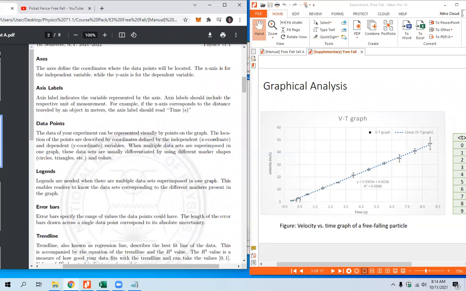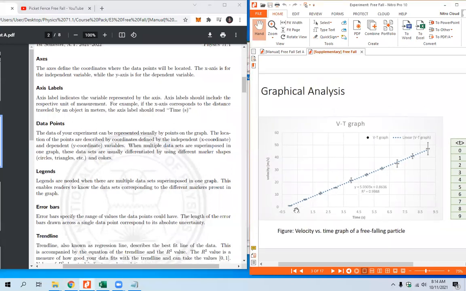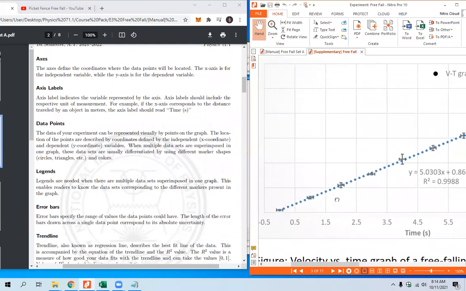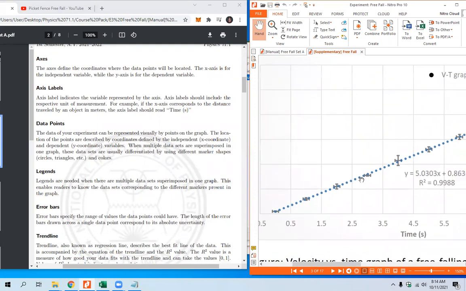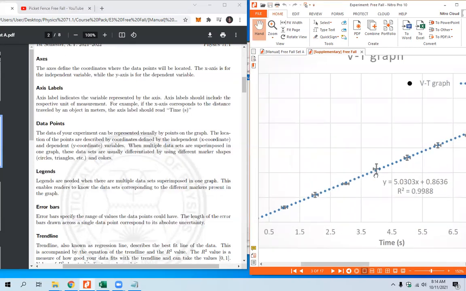Next is your data points. So yung data points, yung mismo kinokollect mo sa experiment. Normally, these are represented as dots doon sa mismong graph mo. Hindi masyadong kita. Let's zoom in a little bit. So yung may mga ano dito, itong may mga gray. So nandito yung data point somewhere.